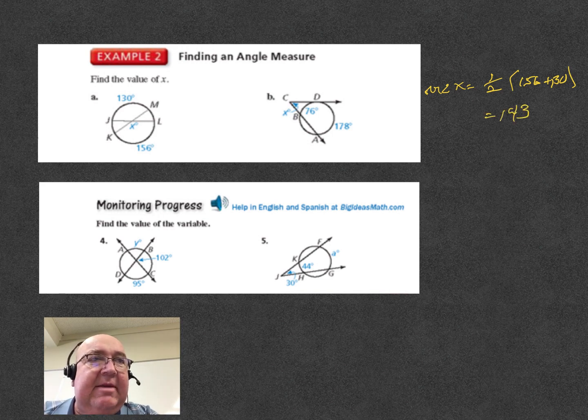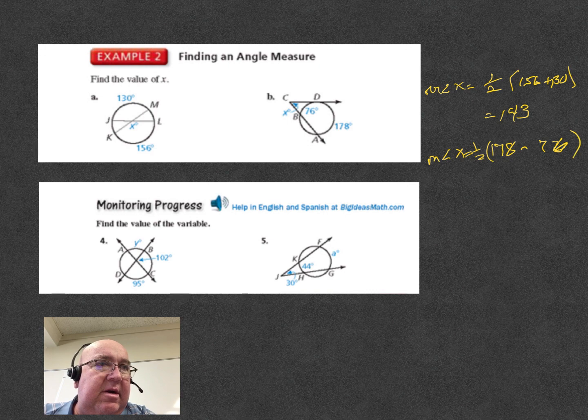Here we have the measure of the outside, so measure of angle X is going to be equal to 1/2 of 178 minus 76, which is 102. Half of that is going to be 51.